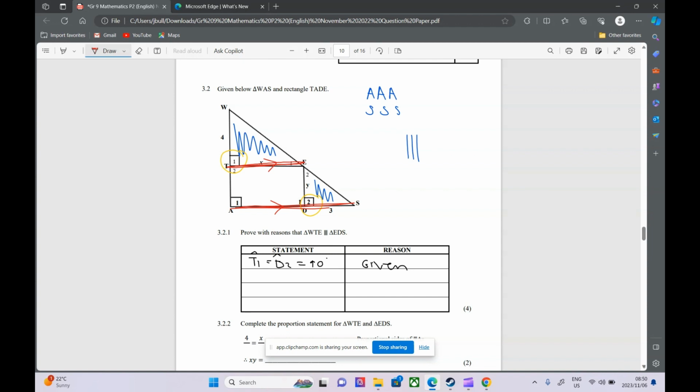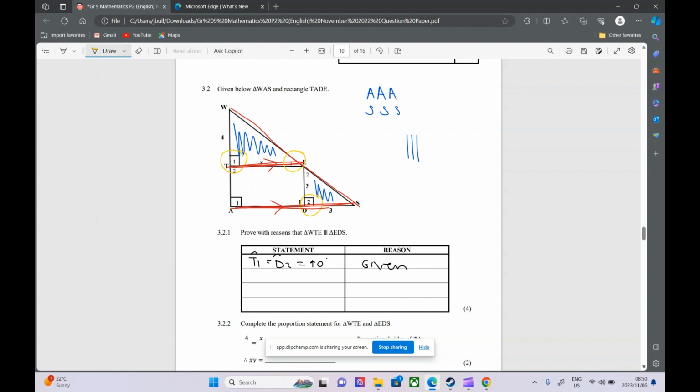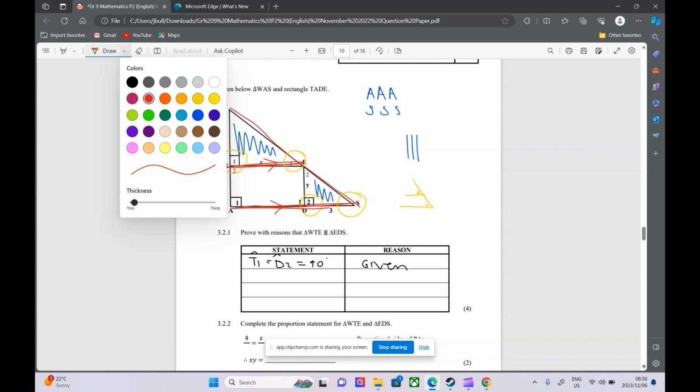What we've actually got here is corresponding angles, because we can say that this E1 here is equal to angle S because of that F shape. It's an upside down F, but it is an F shape. So that angle in there is equal to that angle in there because of corresponding angles. You just have to give quite a good reason.